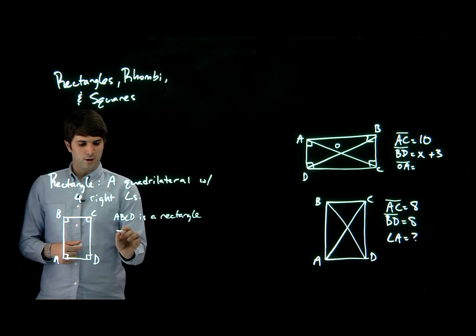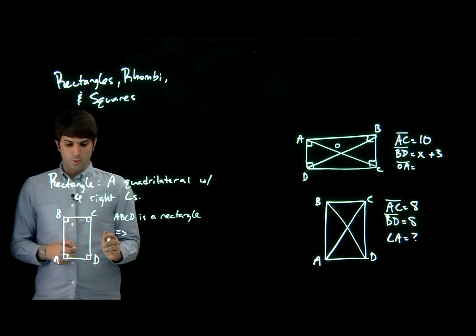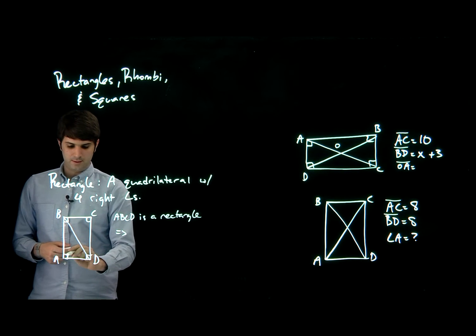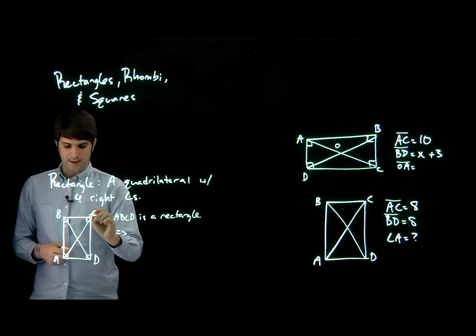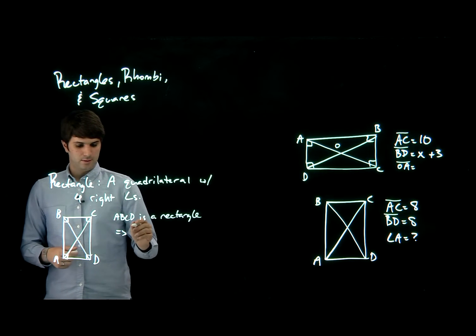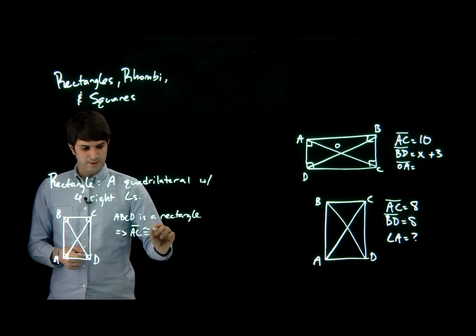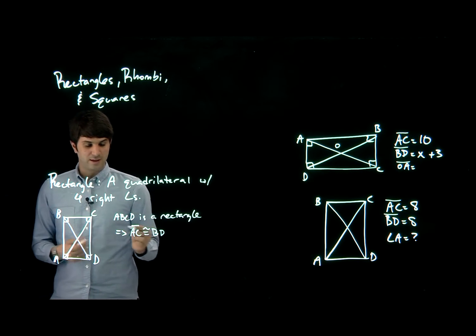Then a couple of things follow. Number one, the diagonals AC and BD are congruent. So AC is congruent to BD. The diagonals are congruent.